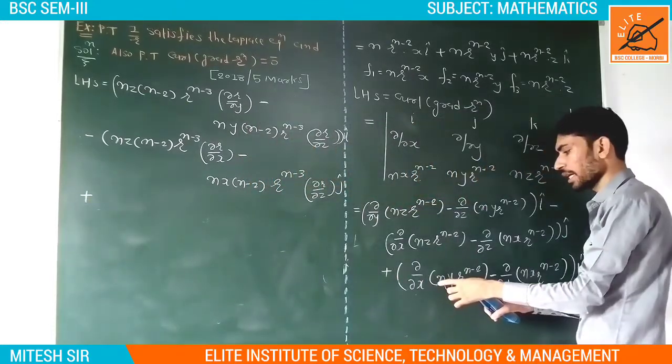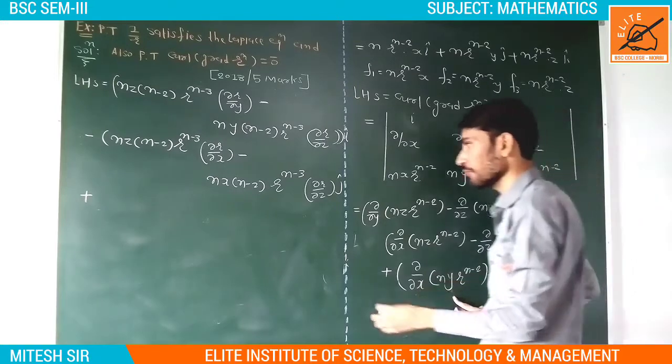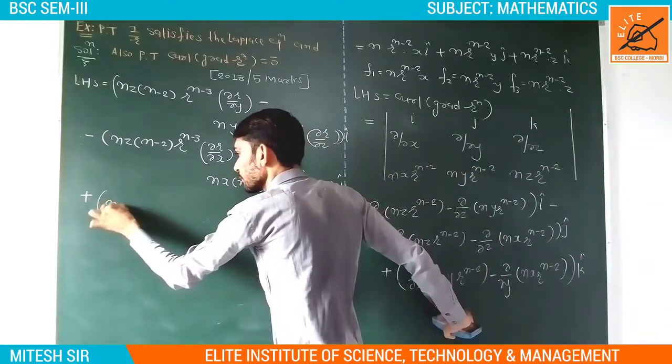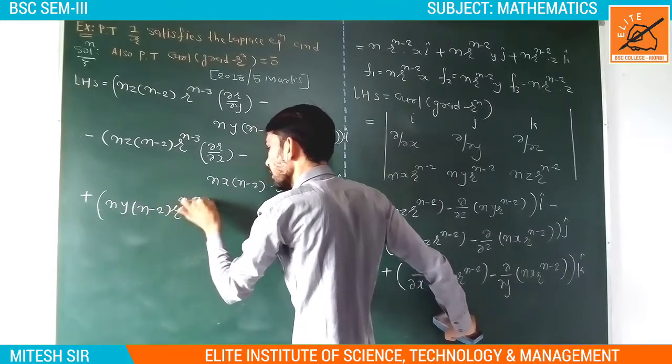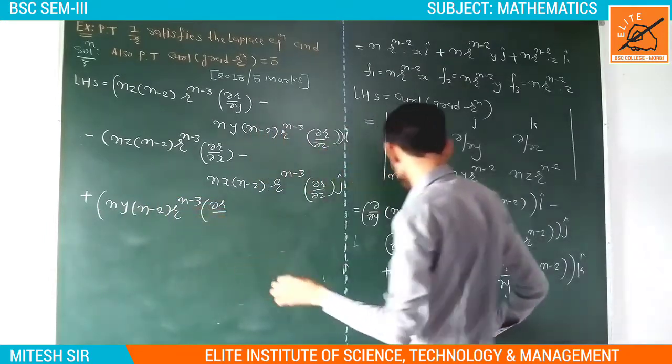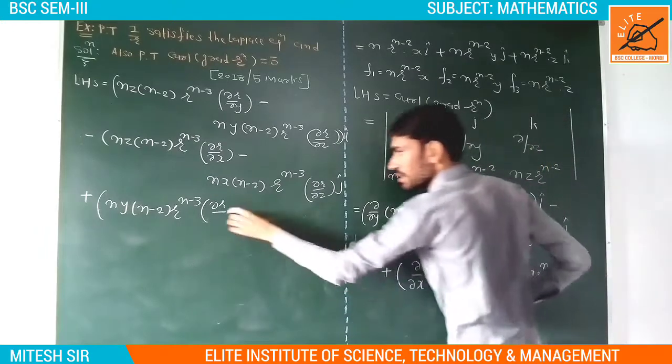Here we are doing partial derivative of this term with respect to x. So ny into (n-2) r^(n-3) into, here we are doing with respect to x, so write as the ∂r/∂x.